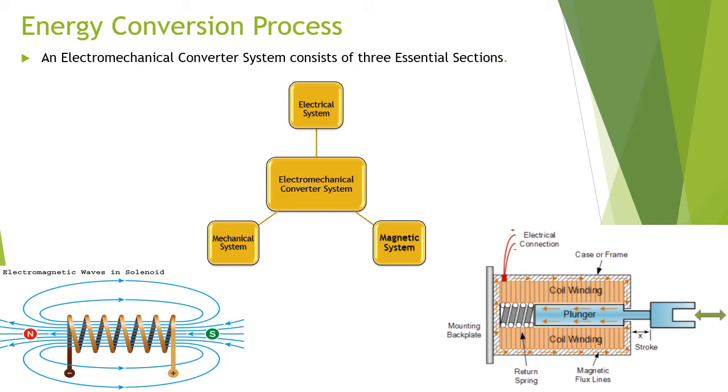The first is the electrical system, which in the solenoid actuator is the solenoid coils producing the main magnetic field. The next is the magnetic system, which is the medium of energy conversion. That is the flux, or the magnetic field, in the magnetic core or air gap. The next is the mechanical system, which here is the plunger and spring.